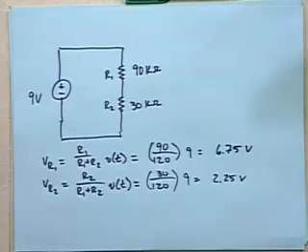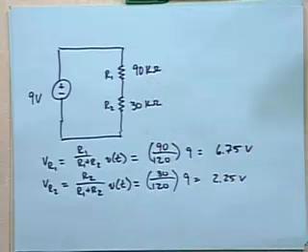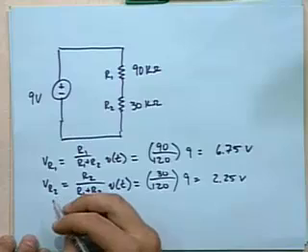For what it's worth, we can go ahead and find out what that current actually was as well, because now we know what the voltage is across each one of those resistors. Just for kicks, let's solve for it from both of those.